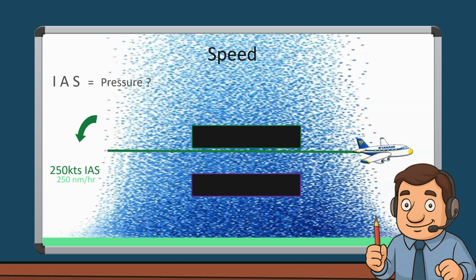From here to here, he passes through 250 air molecules. The distance from here to here is 250 nautical miles. Therefore, by the time he's passed through all 250 air molecules, he's traveled 250 nautical miles. Therefore, his true airspeed, equivalent to his indicated airspeed, is 250 knots.